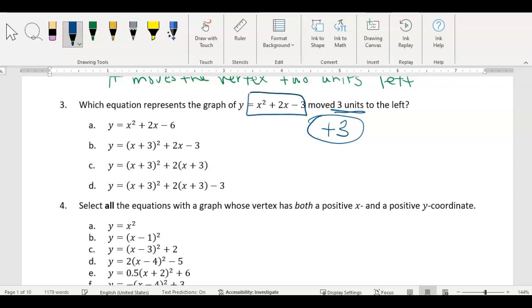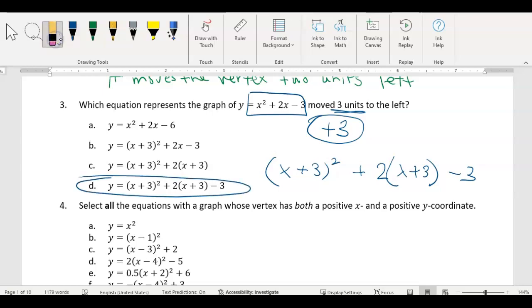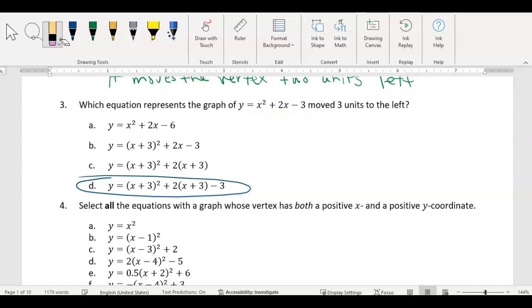This is the original equation, so I would write (x plus 3) squared plus 2 times (x plus 3), and then that minus 3 has to stay there. So that means that D best represents that shift. And I would encourage you to go ahead and plug that into your calculator to see what you get. But remember that when we're moving 3 units to the left, we're adding 3 to x. If we were moving 3 units to the right, we would subtract 3 from x.